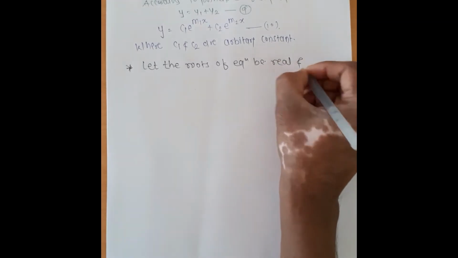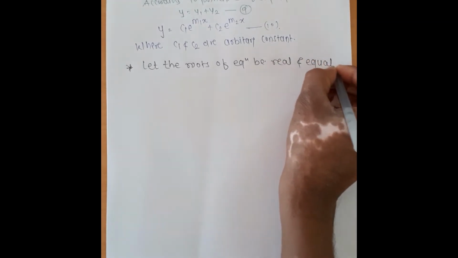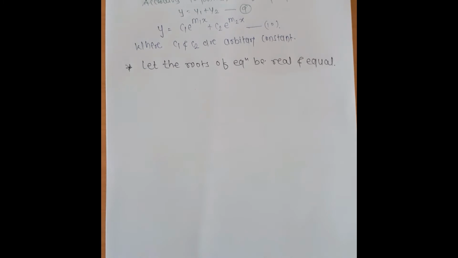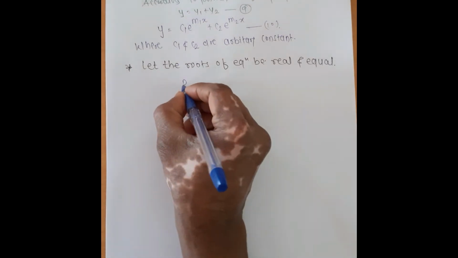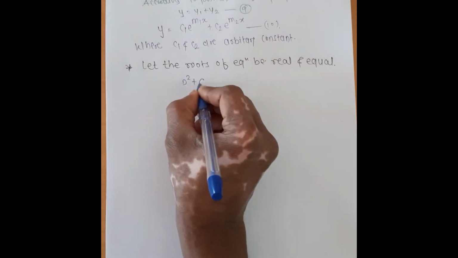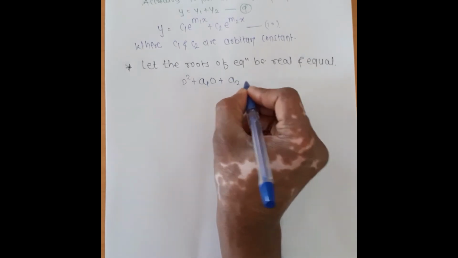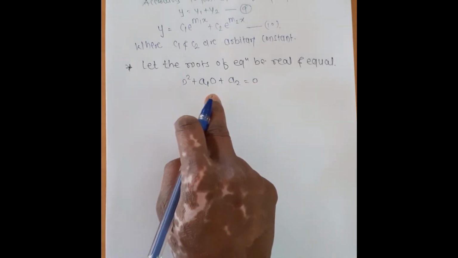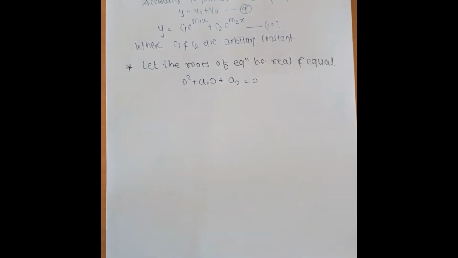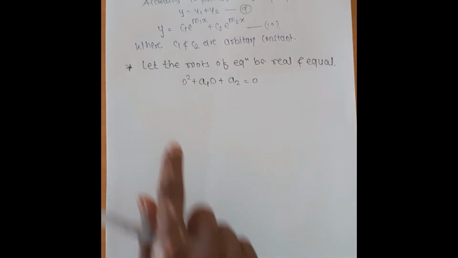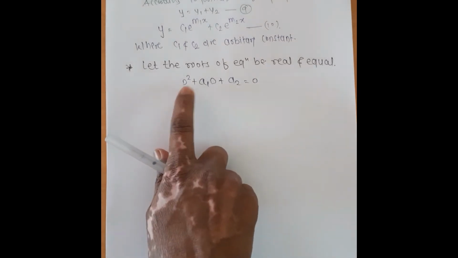So what is our actual equation? It is the equation we discussed in the previous lecture, D squared plus a1 D plus a2 equals 0. This is the auxiliary equation, and we find the values of the roots and also the solution of this equation.